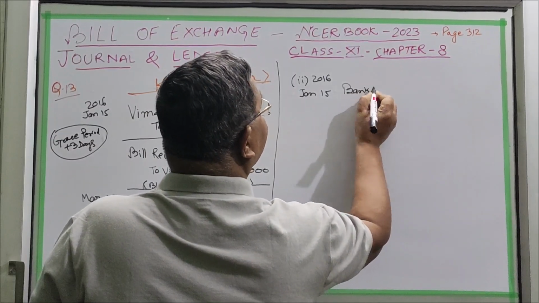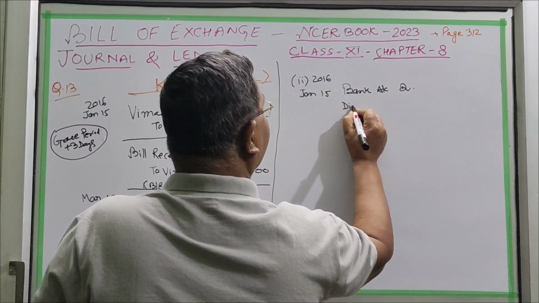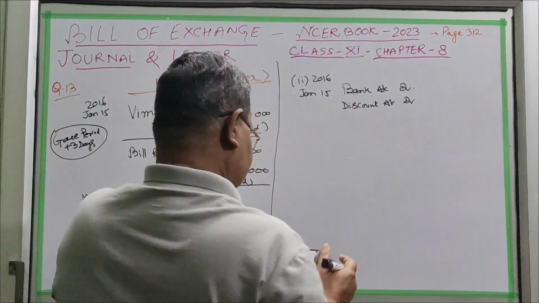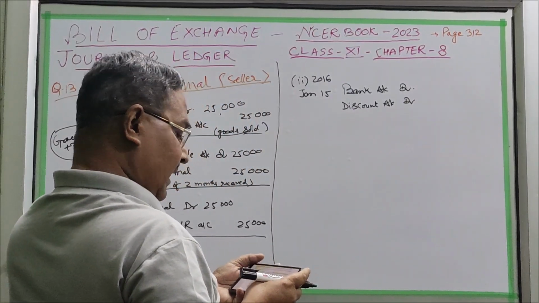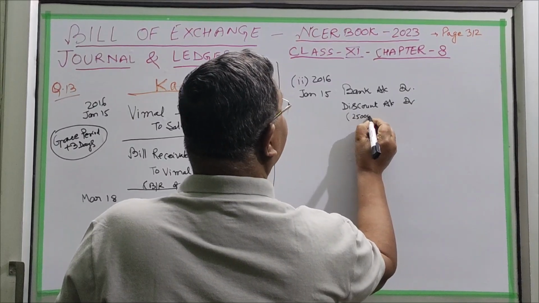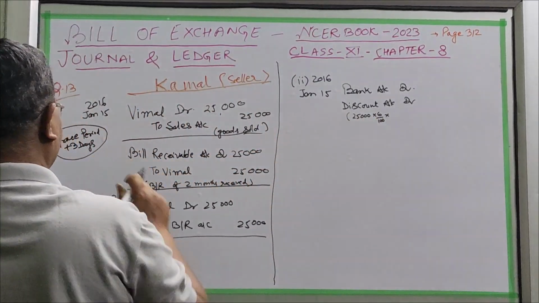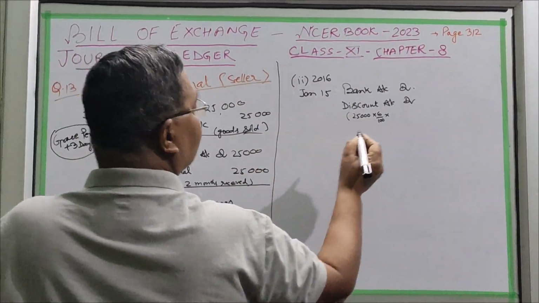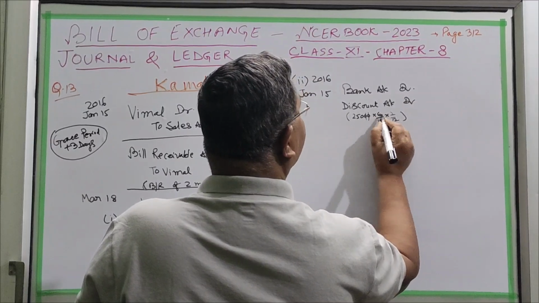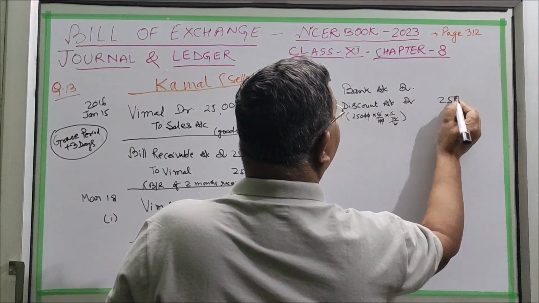So bank account debit, discount account debit, because he has got the bill discounted from the bank at the rate of 6%. That means 25,000 into 6%, and the bill is of 2 months, so 2 upon 12. 6 2s are 12, 2 2s are 250. 250 will be the discount.